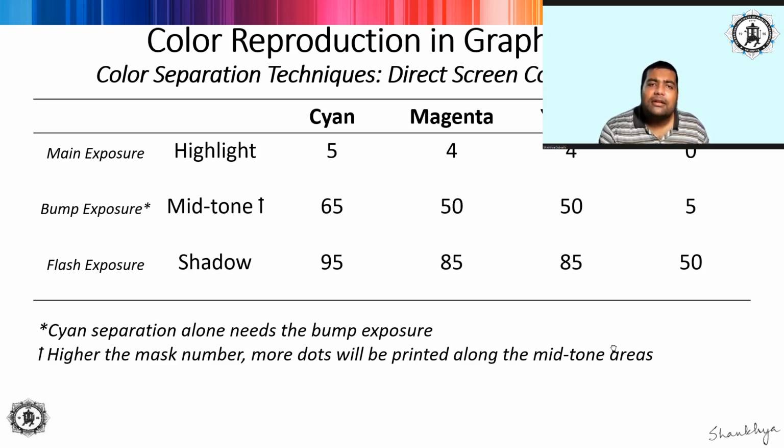For the midtones, the printing values are controlled by the amount of bump. The bump used to make the cyan will help to print more cyan in the shadows, even though the same flash exposure was used for all three process color separations.